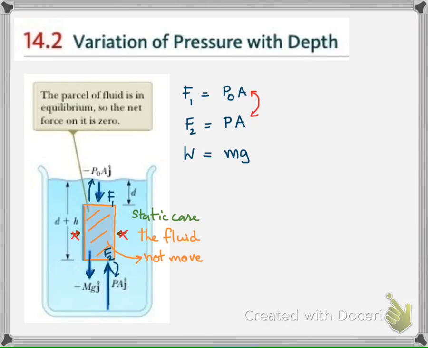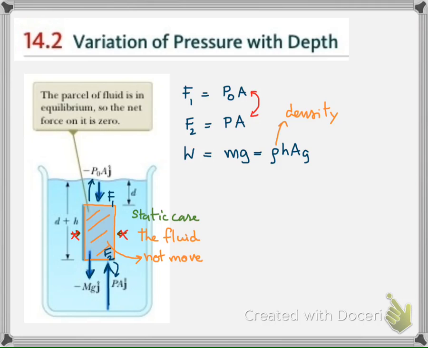which is equal to rho h A g. Rho is the density of the fluid, and h is the length of the vertical side of the object, right?